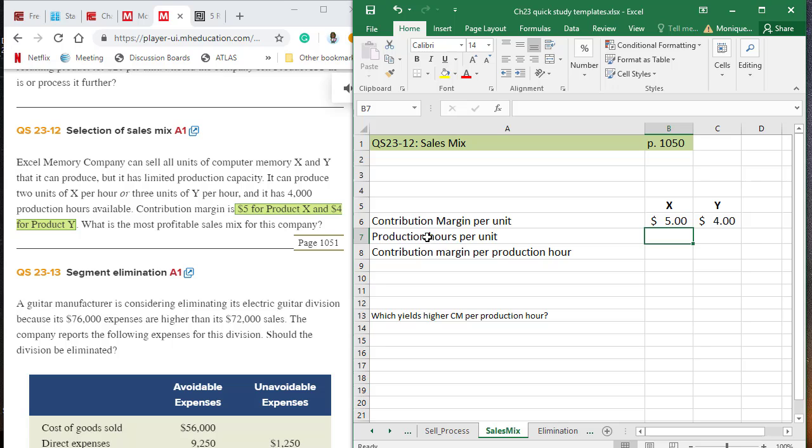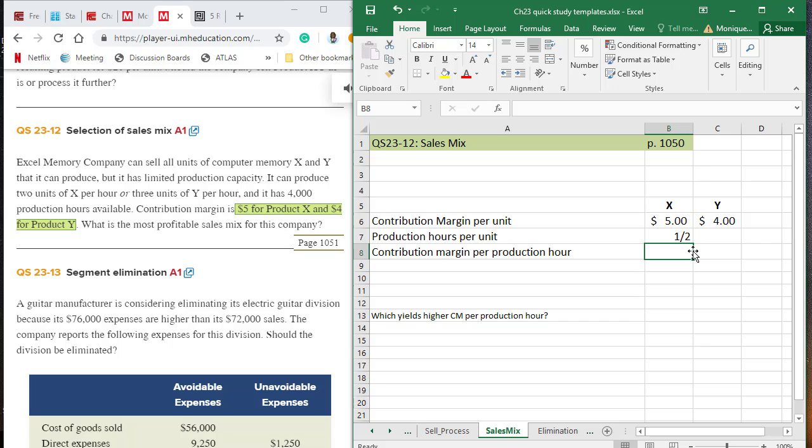So that means an hour has 60 minutes, not 100 minutes, it has 60 minutes. And here it tells us that for product X, they can do 2 units of X per hour. So that basically means it takes half an hour to do 1 unit of X, right?